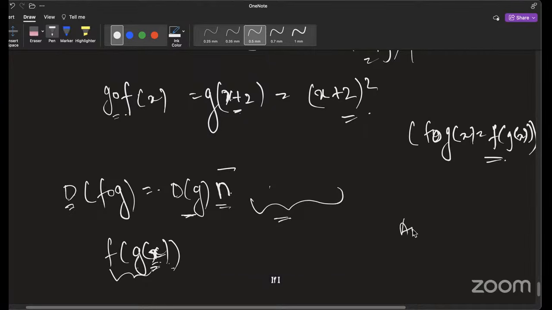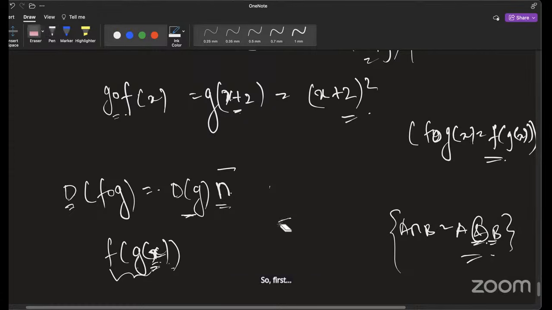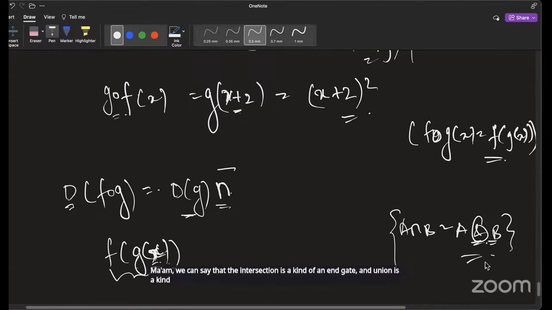If I say A intersection B, it's in A and it's in B as well. Yes, the intersection is a kind of an AND gate and union is a kind of an OR gate. But we only need intersection here.